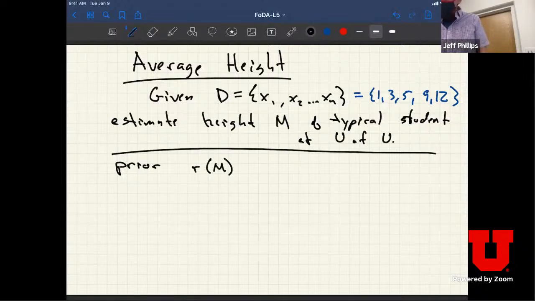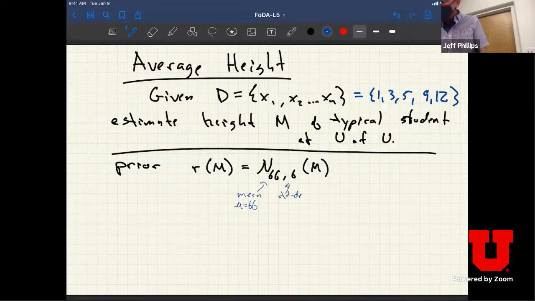This prior is going to be a normal distribution of 66 inches with 6 inches of standard deviation. So the mean mu is going to be 66, and the standard deviation sigma is going to be 6 inches.